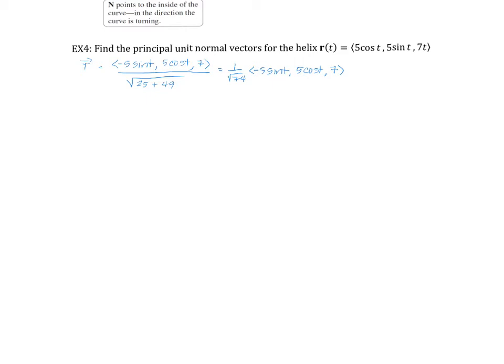So my normal vector is the derivative of this tangent vector over its magnitude.